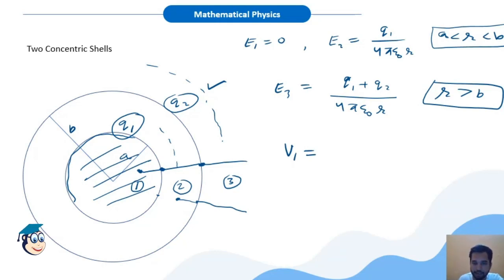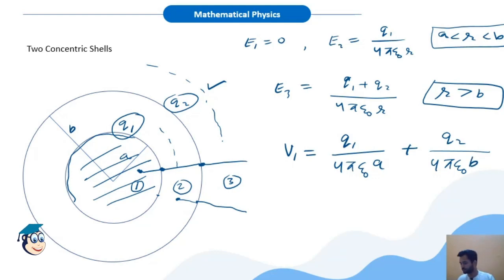So it will be equal to Q1 divided by 4 pi epsilon naught times the radius of the sphere with charge Q1, which is a, plus Q2 divided by 4 pi epsilon naught times the radius of that shell which contains charge Q2. So potential in the first region will become equal to Q1 over 4 pi epsilon naught a plus Q2 over 4 pi epsilon naught b.